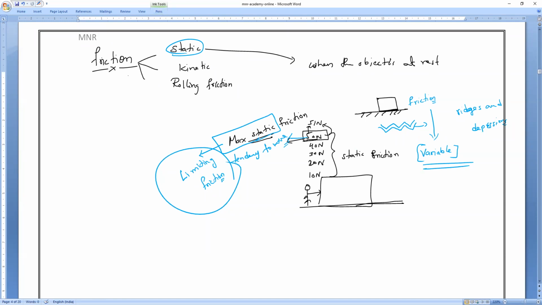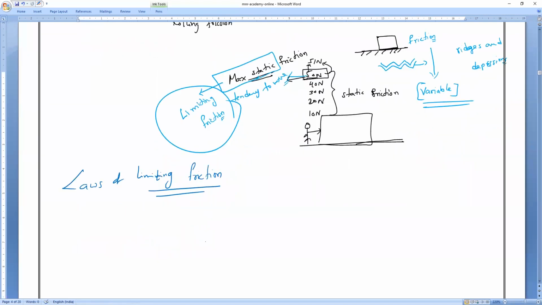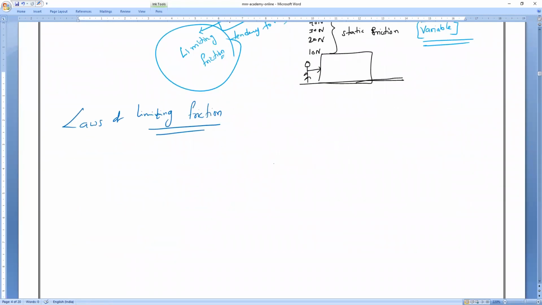In the last class, I already taught you the laws of limiting friction. If anybody has any doubt, you can ask me. We derived a formula for limiting friction, which is very important. The limiting friction formula is F limiting equals mu s into N. Mu s means the coefficient of static friction.